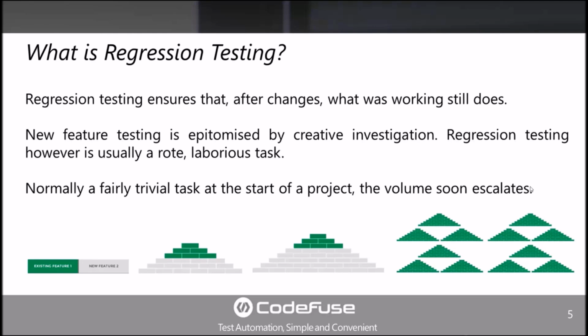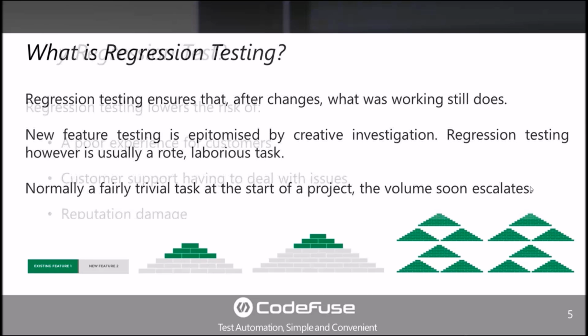So manual testing becomes more and more of a problem, particularly when you start to want to test against multiple browsers, multiple configurations, and perhaps different data sets as well. You need to increase your testing at quite an exponential rate, and manual testing becomes quite prohibitive.